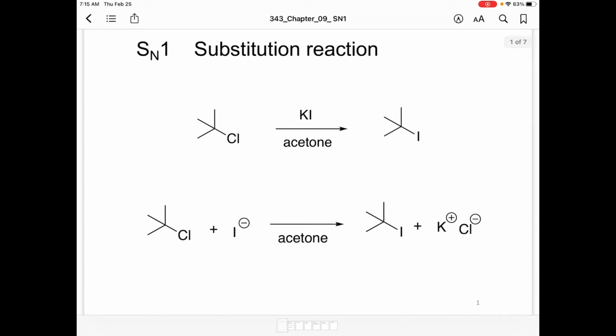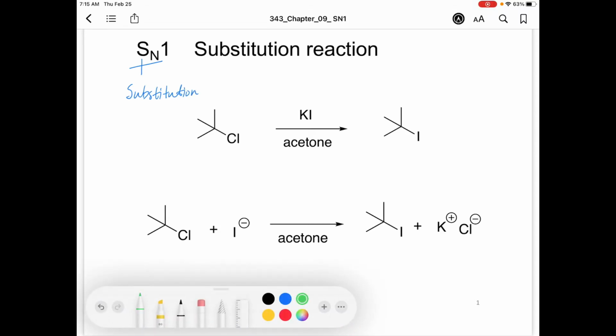All right, in this video, we are talking about SN1 substitution reactions. Let's just go over what this means, SN1. S stands for substitution. The N stands for nucleophilic.